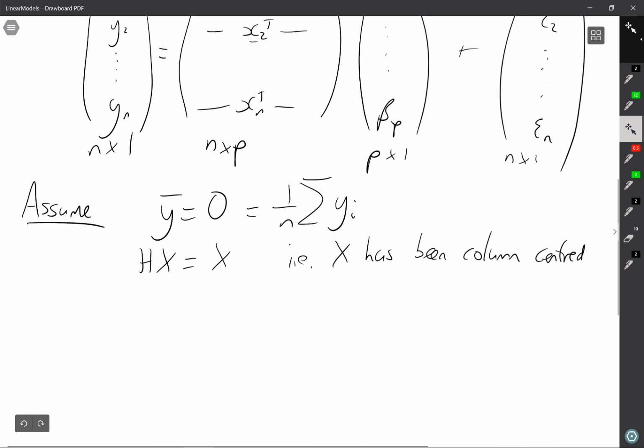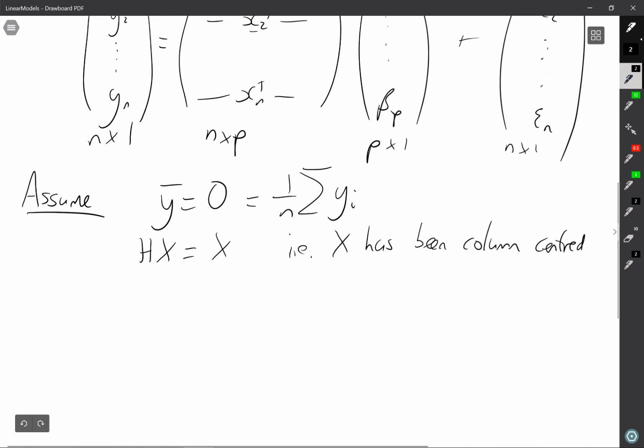Now with this column centering, we can think of this model. Suppose it hadn't been column centered, suppose y bar wasn't 0.